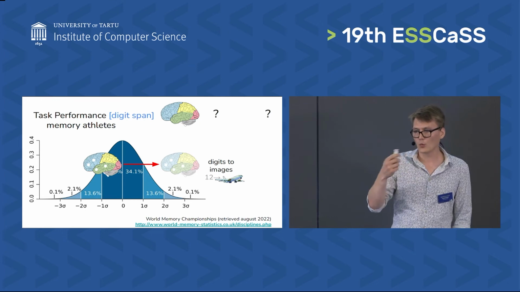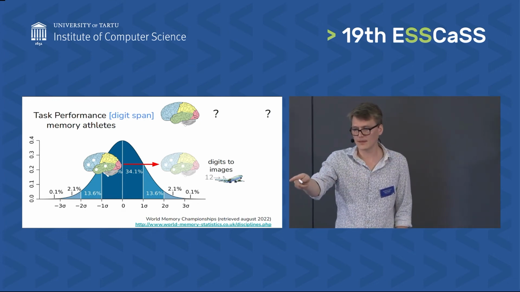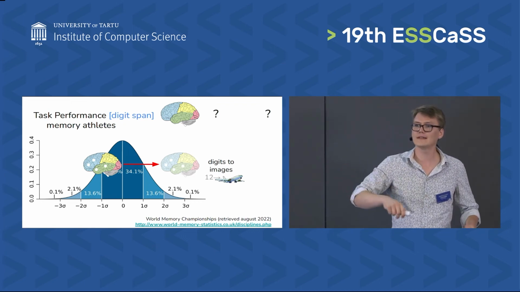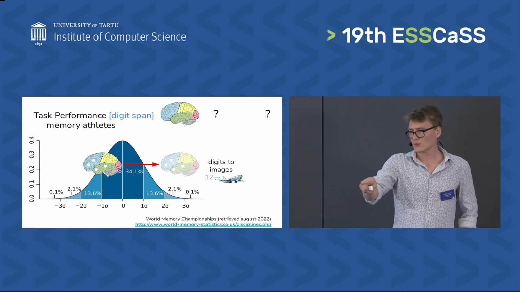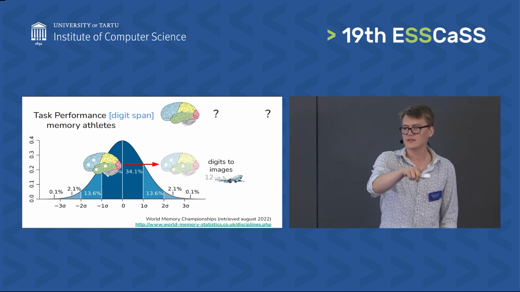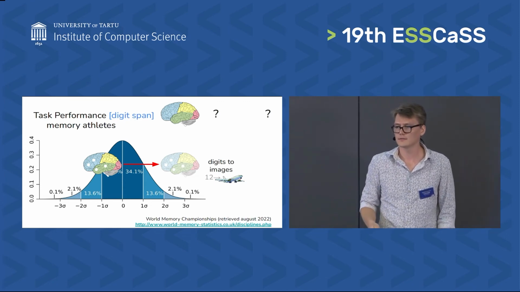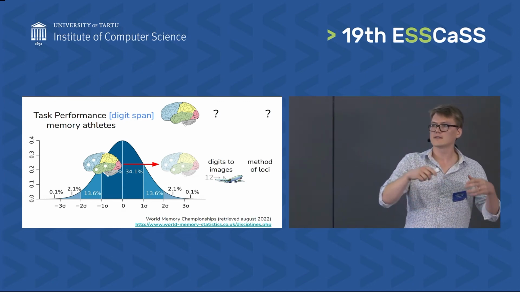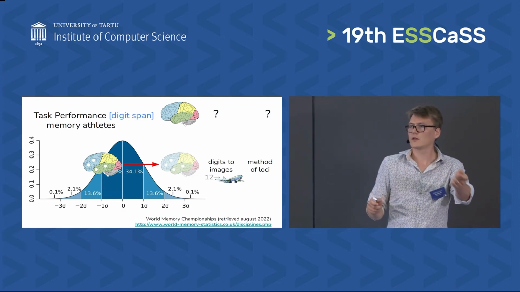Now, how these memory athletes usually do it is that they also have adopted a different data structure or a different representation for the numbers. So what they do is that they translate the digits into images. For example, 12 could be a plane. And as algorithm, sort of say, they use the method of Loci.